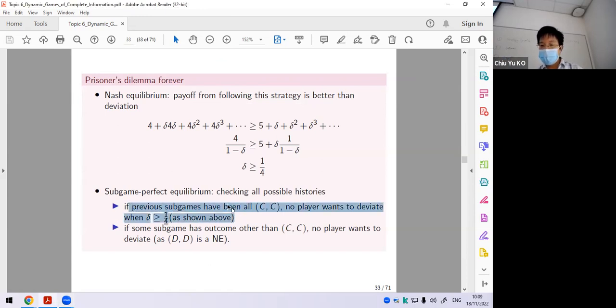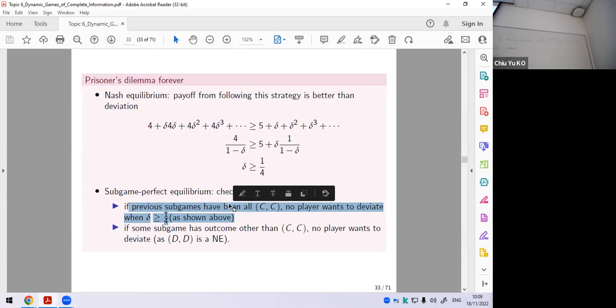You don't need to check all the paths along this because we checked them in the Nash equilibrium, so you only check other than this. But in all the games other than CC, according to the trigger strategy, everyone plays the Nash equilibrium DD. So they are playing Nash equilibrium along the off-equilibrium path. Because they're already playing Nash equilibrium, we don't need to check anymore. As long as they're playing Nash equilibrium at each point of time, it must be subgame perfect.